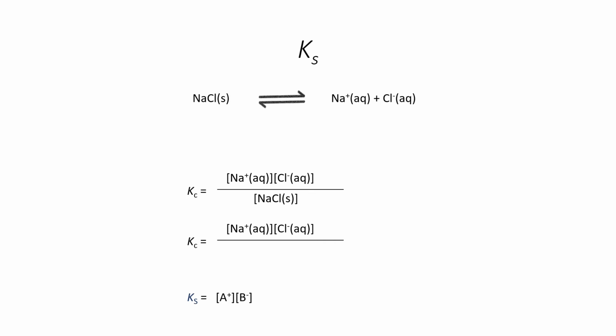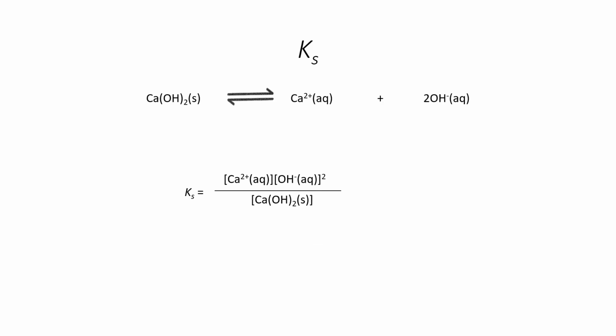And that works great for things like sodium chloride where there's just one positive and one negative ion. But that's not always the case. Sometimes you have things like this, where you have one positive and two negative ions. Or it could be two positive and one negative. We'll use one positive and two negative as our example. That can also be an equilibrium. The equilibrium state looks like this, that you see here.